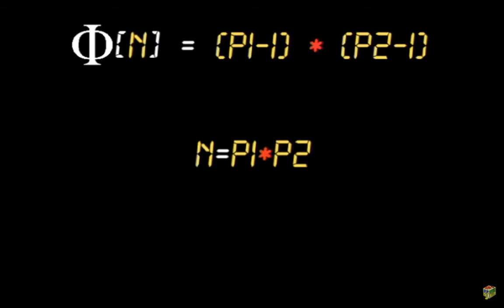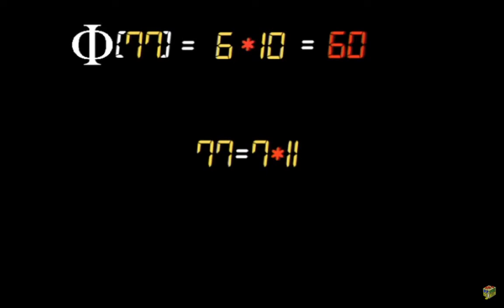We now have a trapdoor for solving phi. If you know the factorization for n, then finding phi of n is easy. For example, the prime factorization of 77 is 7 times 11, so phi of 77 is 6 times 10, 60.